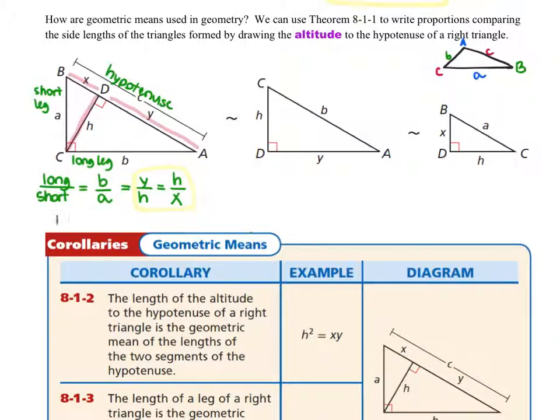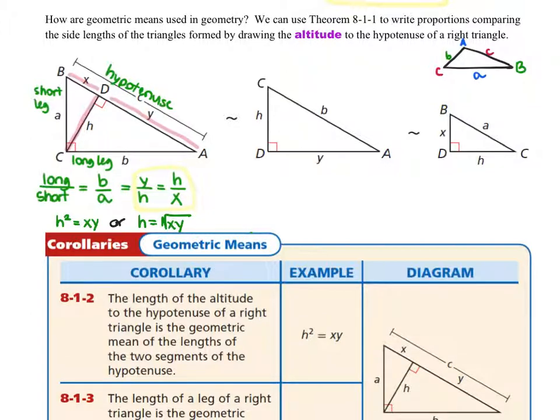Remember that another way to write this is that H squared is equal to X times Y, or we could say that H is equal to the square root of X times Y. That is the relationship that relates the altitude to the two pieces of the hypotenuse.